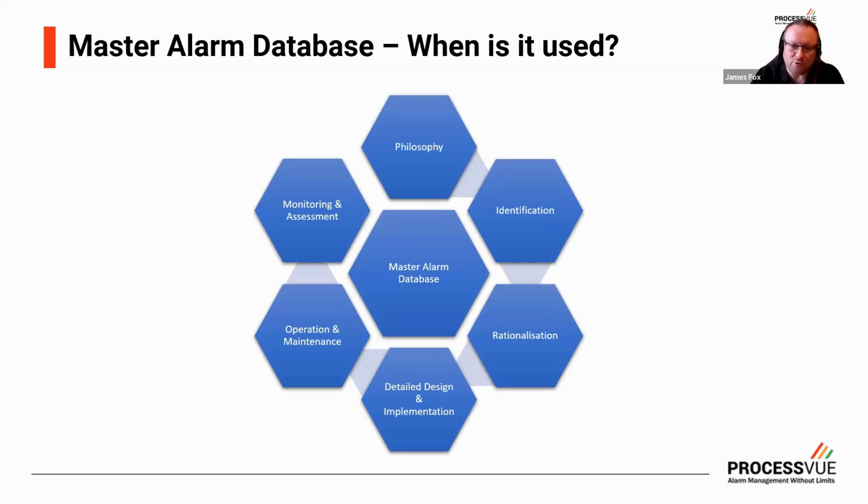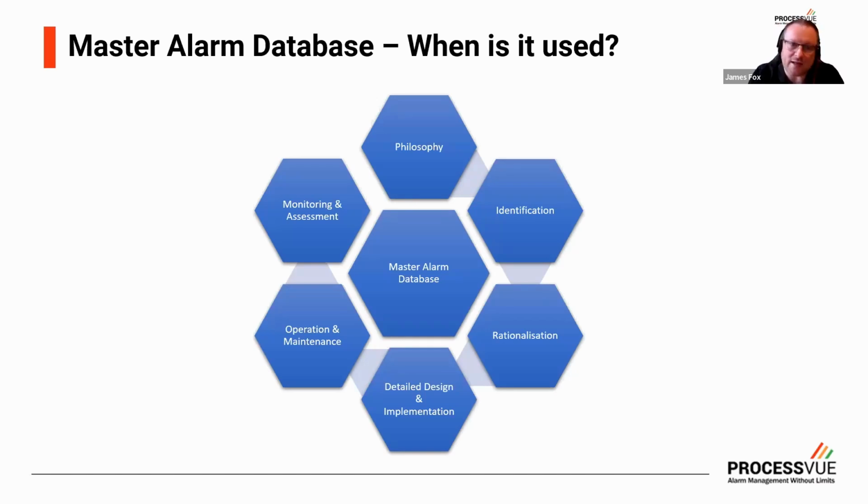Operation and maintenance, very important in operation and maintenance because of all the supporting information that the master alarm database can store. As I said before, it's the supporting information, the cause, the consequence, and typically the operator action. So when the rare alarms that only appear once in 12 months come along, thanks to the master alarm database, we have a resource where operators can go to find out what actions they should be taking in response to those rare alarms.